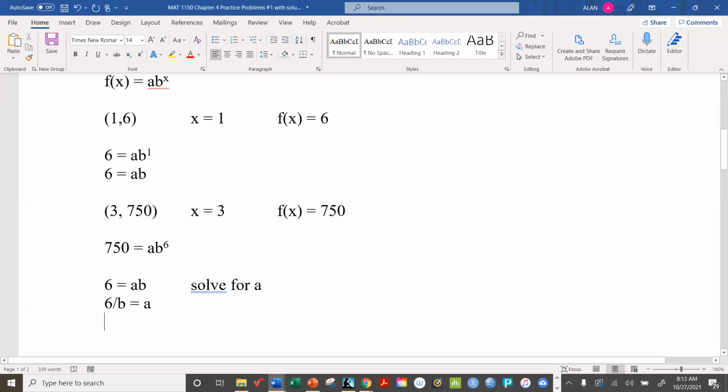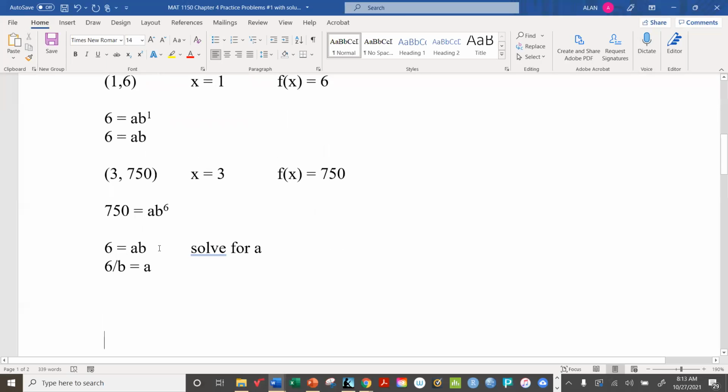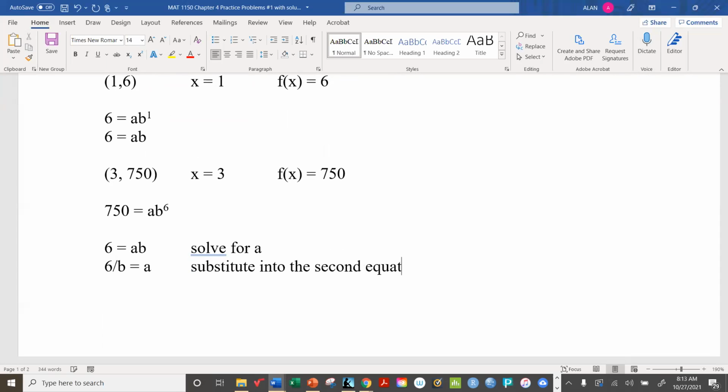Now, why are we doing this? So we can substitute it into the second equation and solve for b.